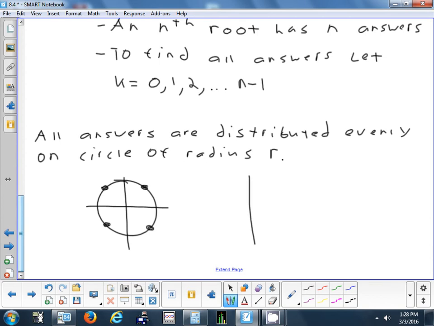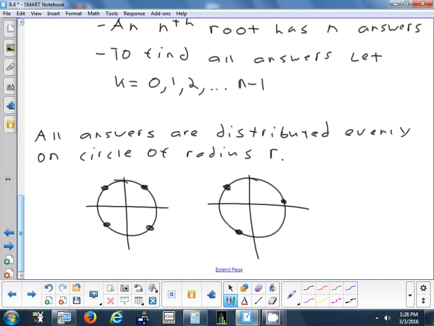If you were finding cube roots, they'd be the vertices of an equilateral triangle. If you were finding fifth roots, they'd be the vertices of what shape? It would form a regular pentagon.